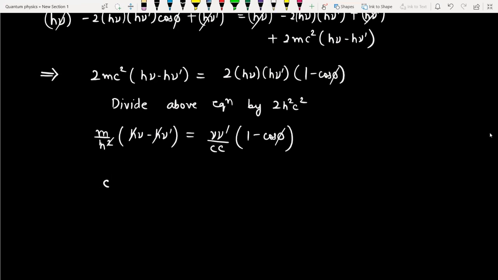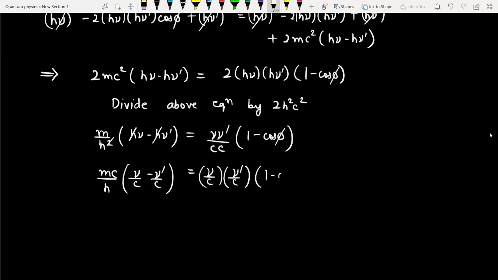I am writing mu over c minus mu prime over c. I have multiplied by c here and dividing by c here, and this side remains the same. This is mu over c, this is mu prime over c, and this is 1 minus cos of phi.